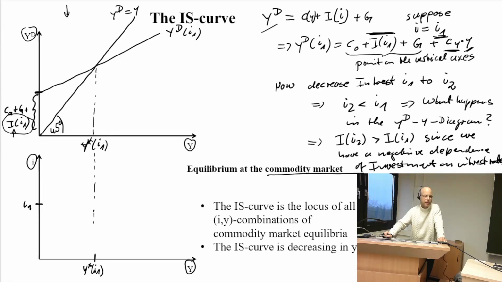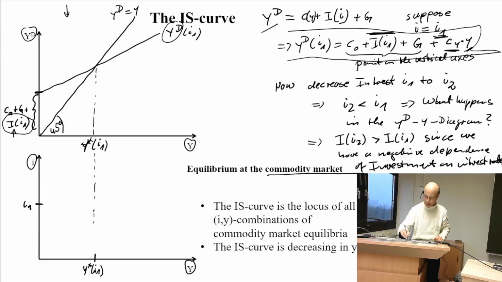In the first diagram. What happens then to our total demand? If you look how total demand is defined, where does something change? It changes something here.